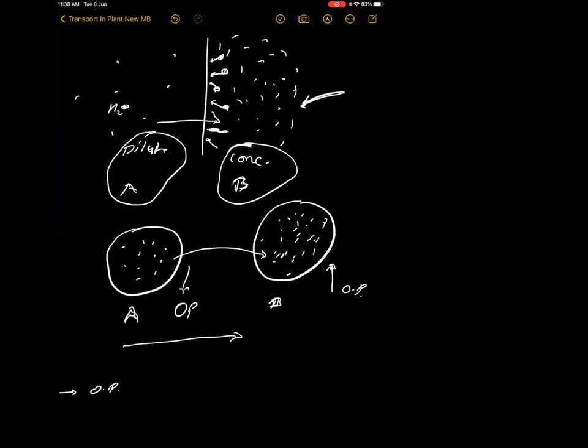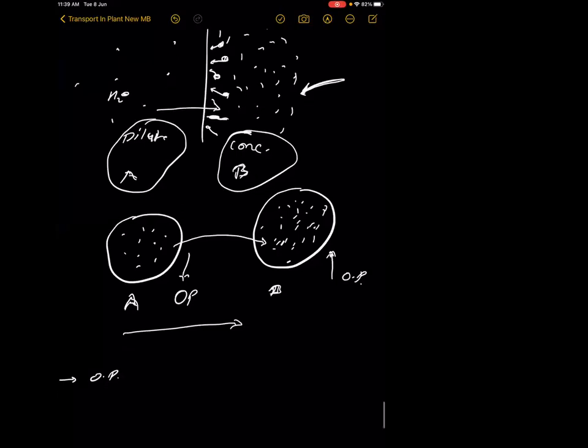One should be hypotonic, another is hypertonic. If there is no concentration gradient, it means there is no difference, so both the solutions become isotonic. So gradient means difference between the two concentrations of the solutions.